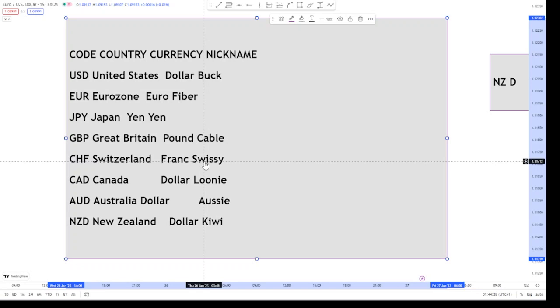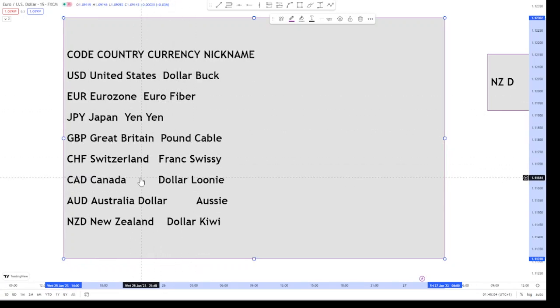Now, the 8 currencies here are called majors because they are the most traded currencies in the market. They are the most widely traded currencies in the market. Each of these currencies has its own characteristics and other things.